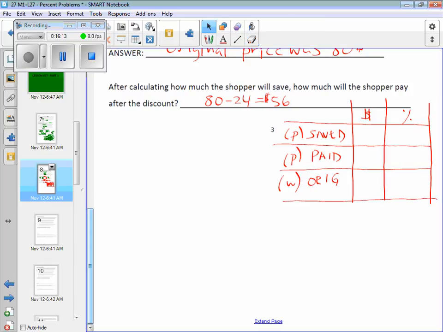Go back to the original problem. The pair of jeans is 30% off the original price. Is that the percent saved, or the percent paid, or the original? 30%. Is that saved, paid, or original?